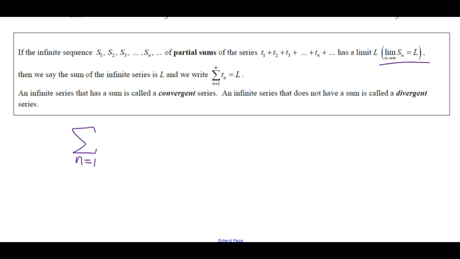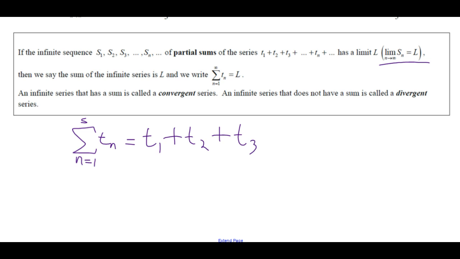So if I say the sum where n starts at 1, this is your starting value. You're going to start with n equal to 1, and let's say we go from 1 to 5 of t sub n. That's simply a shorthand for writing. So you start with n equals 1, which will be t1. The sigma means to sum up or to add, so we go plus, and now we increase n by 1 to 2, so it becomes t2 plus, and then we increase n by 1 again.